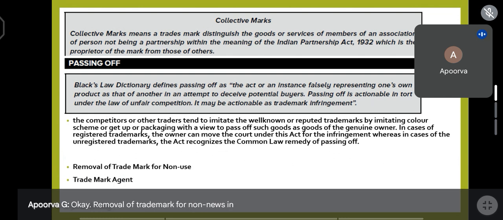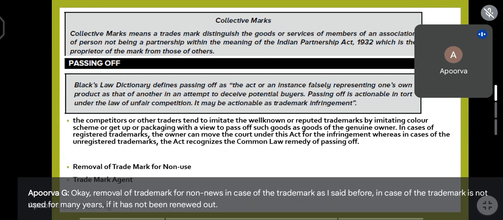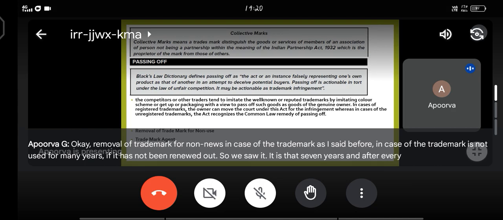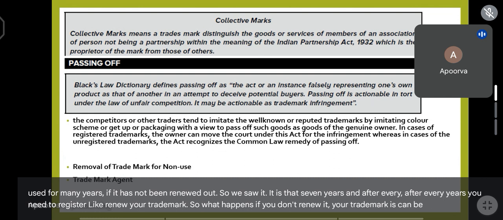In case the trademark is not used for many years, or has not been renewed, so we saw it is 7 years, and after every 7 years you need to renew your trademark. So what happens if you don't renew it? Your trademark can be used by anybody.